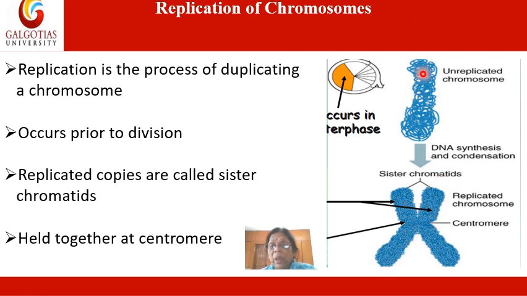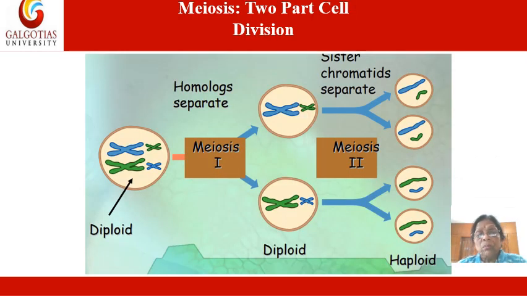This chromosome has synthesized its replica, and these are the two sister chromatids, which are connected together at the centromere. This is the centromere. Now let us come to the next slide.